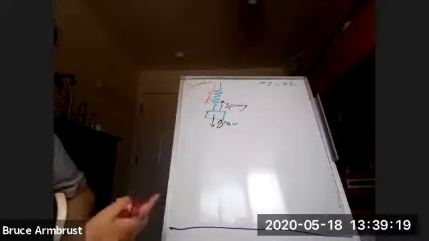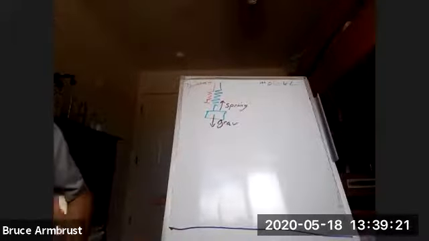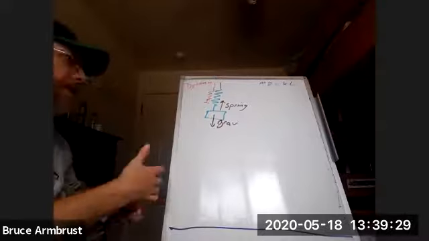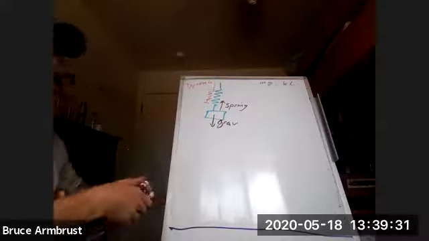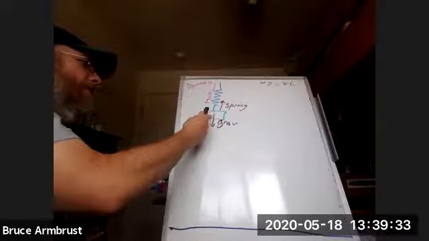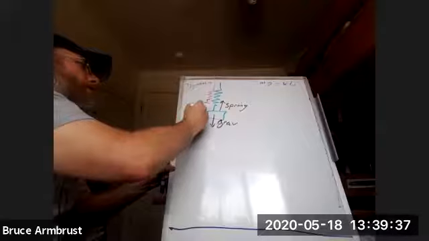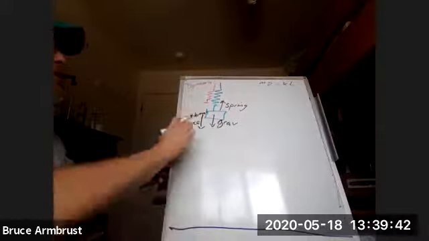But let's do two things. One, let's allow for some external force. I'm going to put on here, it's going to be pointing down, but it can be pointing any direction. So I'm just going to write here, external force.